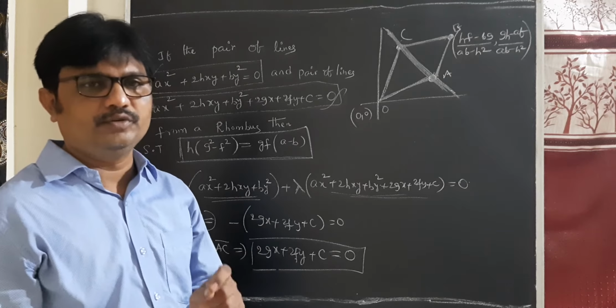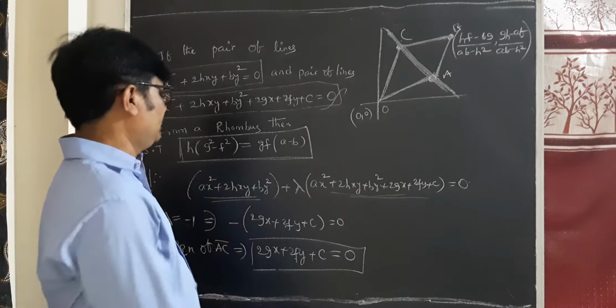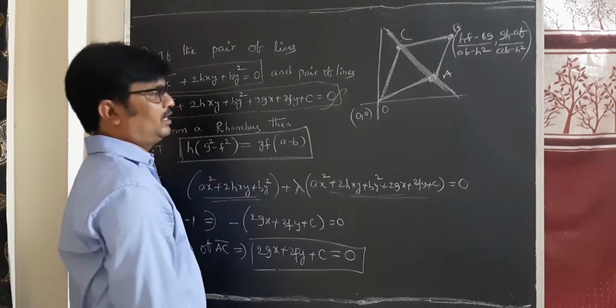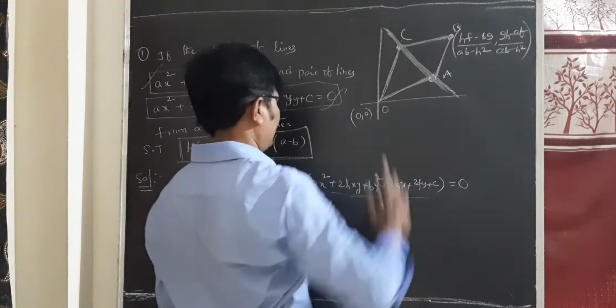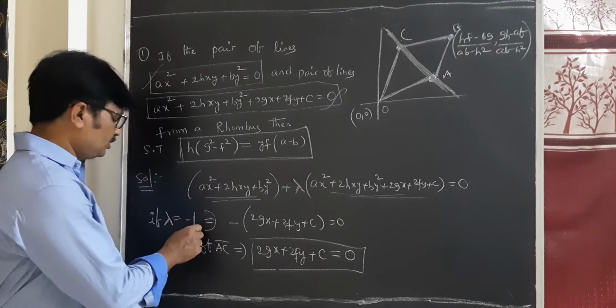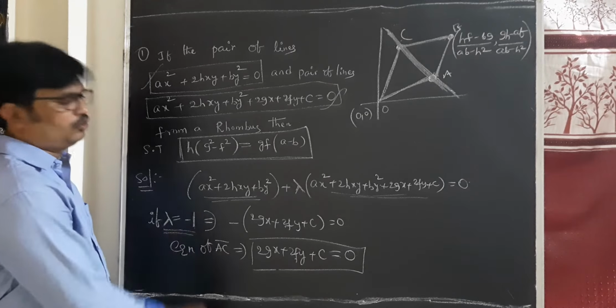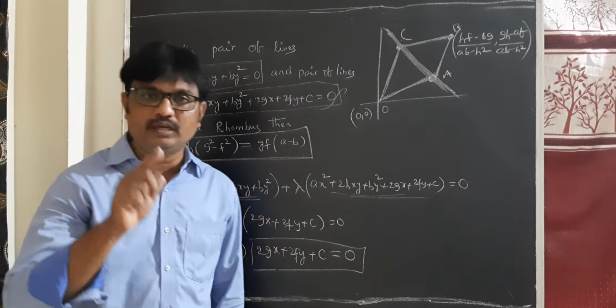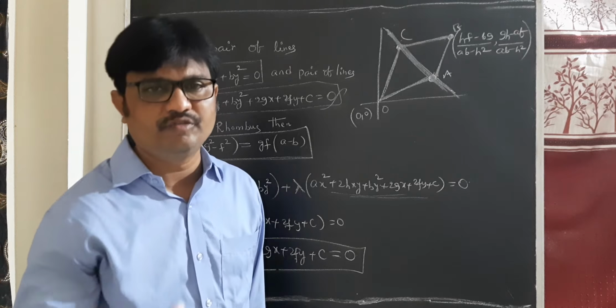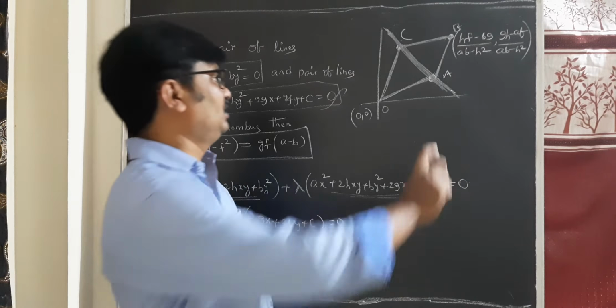All of you can easily identify that this is the family of lines passing through the point of intersection of the first pair and second pair. If we take lambda equal to minus 1, then we get only the first degree equation, that is AC.